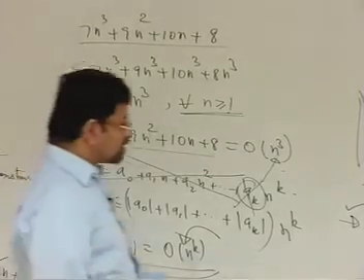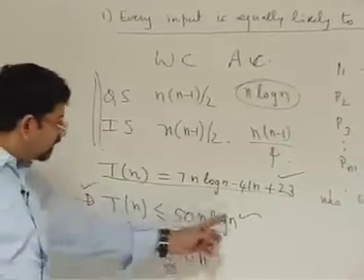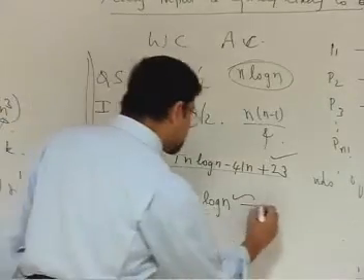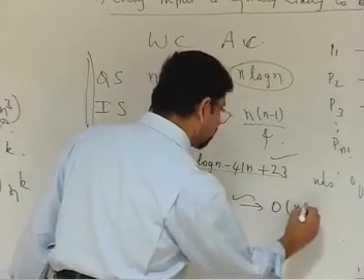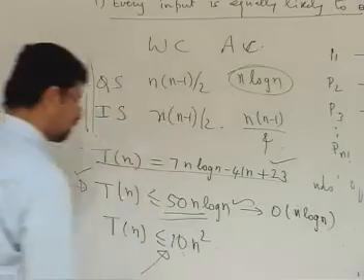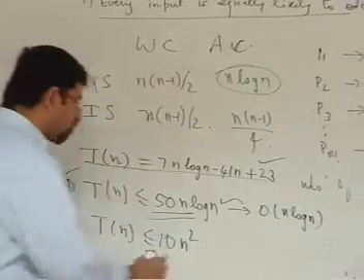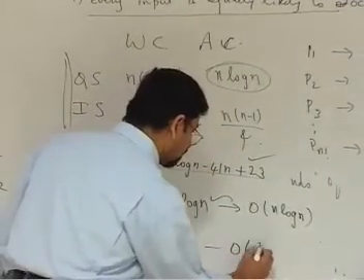So, instead of saying 50n log n, I can say this as order n log n. Instead of saying it as 10n square, I can say this as order n square.